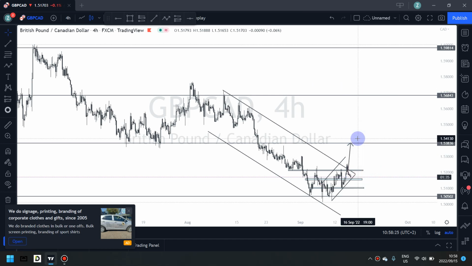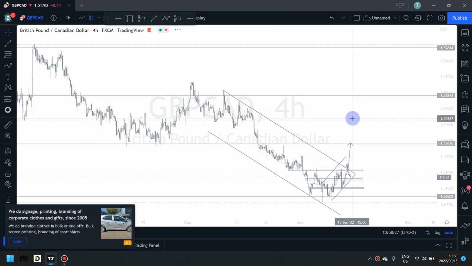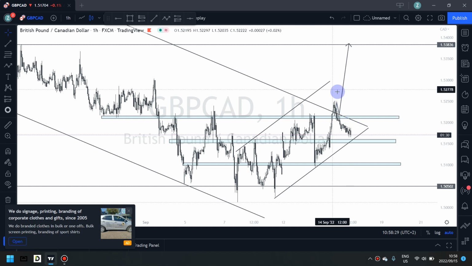So that's what I had yesterday, and today when I look into the pair to check, this is what I saw. I saw a fake out, and now catering for the fake out would be my bullish trend inside the bearish trend. So I have my first touch here, my second touch.